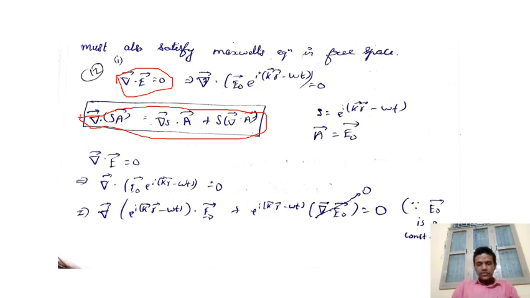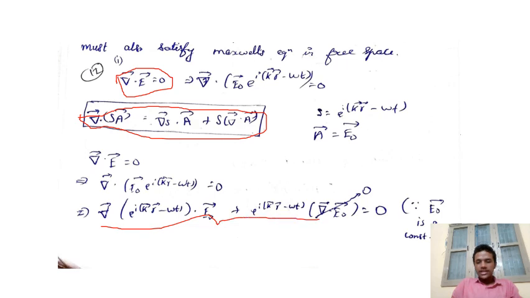Divergence of a scalar function times a vector field is equal to the gradient of the scalar function dot A plus scalar times divergence of A. When we apply this, the second term vanishes, as E₀ is a constant and operating the del operator on a constant is always 0.